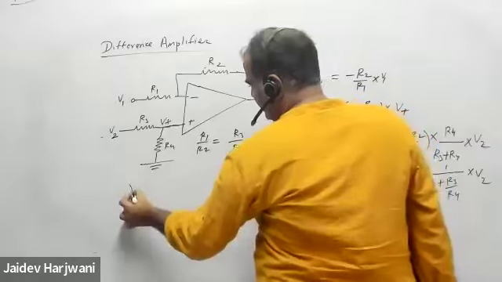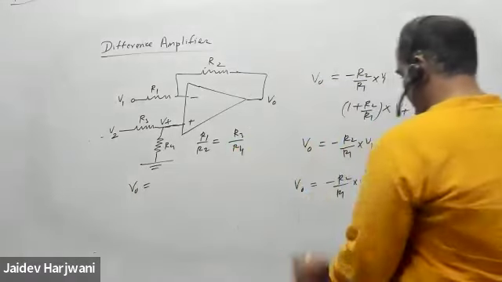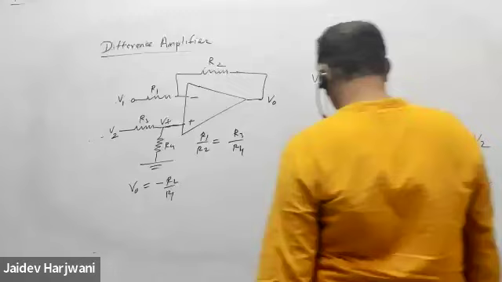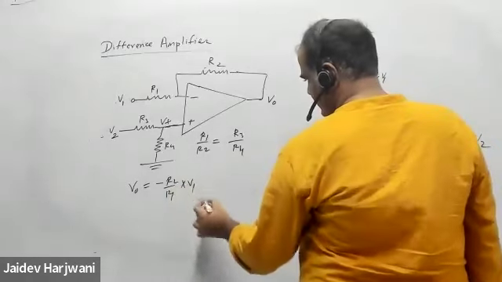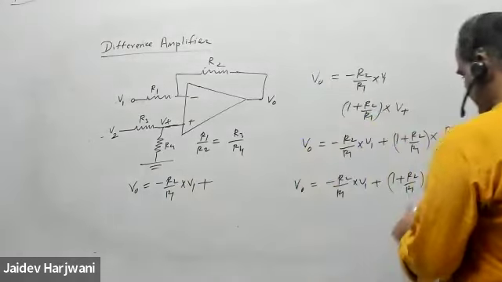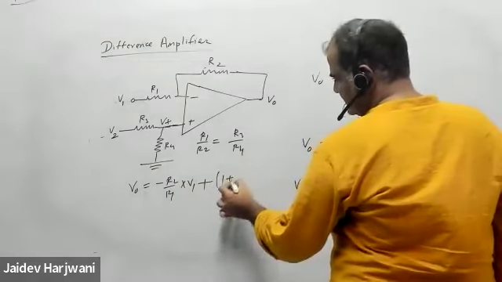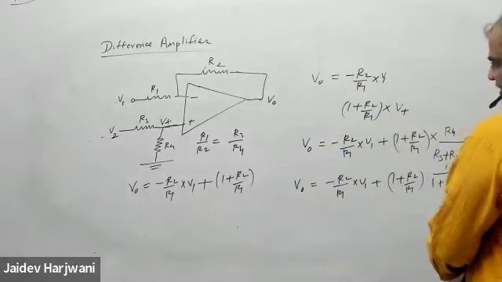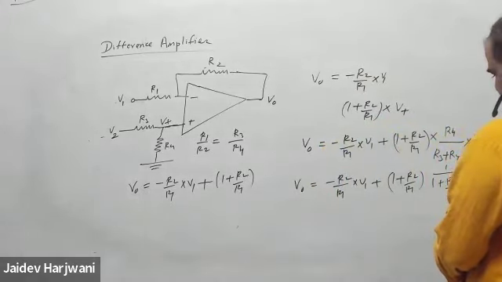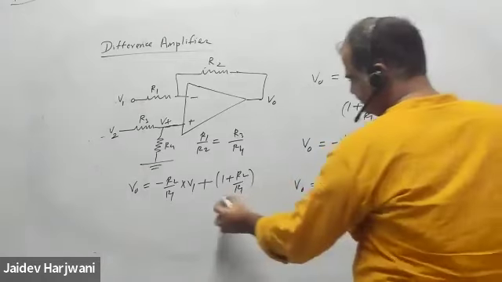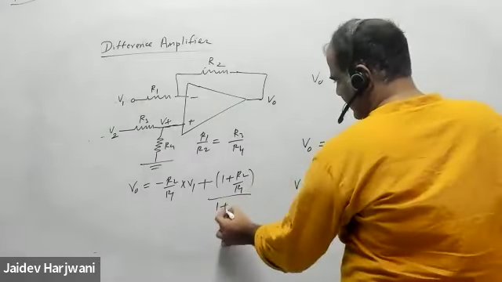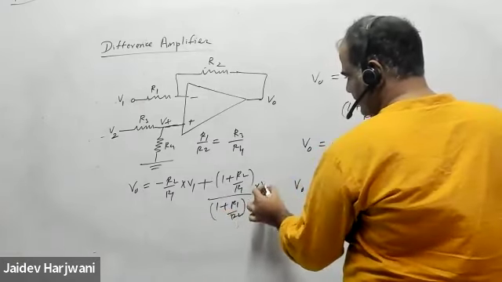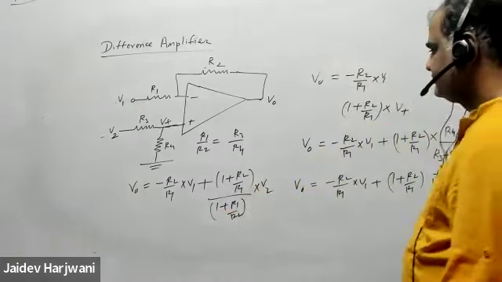Then V0 will be this R2 by R1, keep it like this, into V1, plus this R2 by R1, keep it like this, and R3 by R1 will be 1 upon R1 plus R2 into V2.